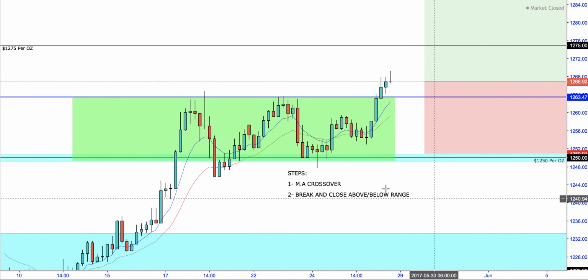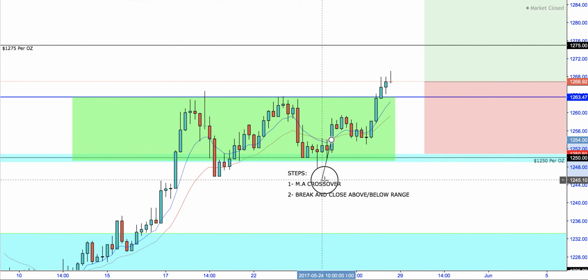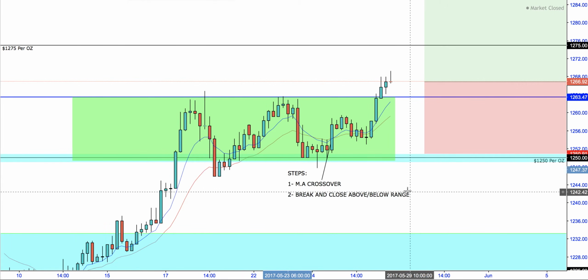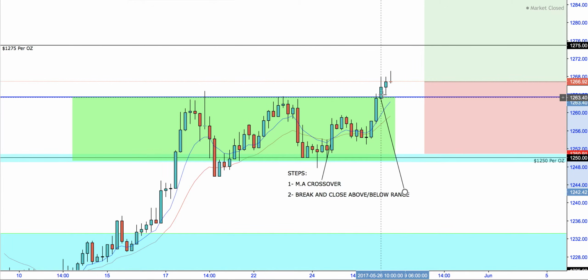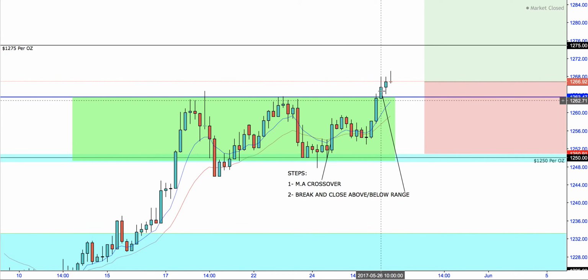Steps, moving average crossover, where does that come in here? It comes in right here. Where does the break and close above come from? Here.